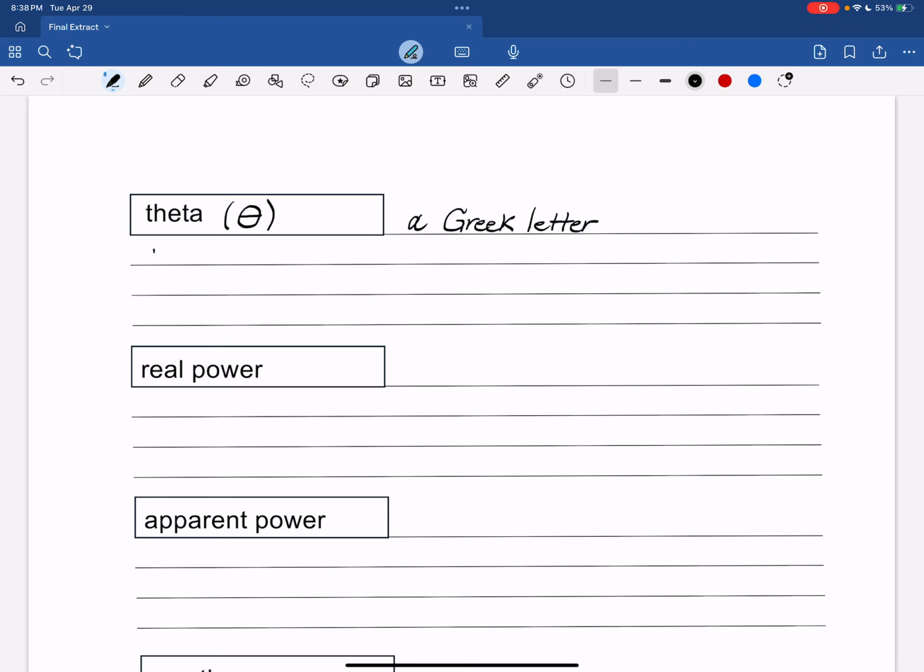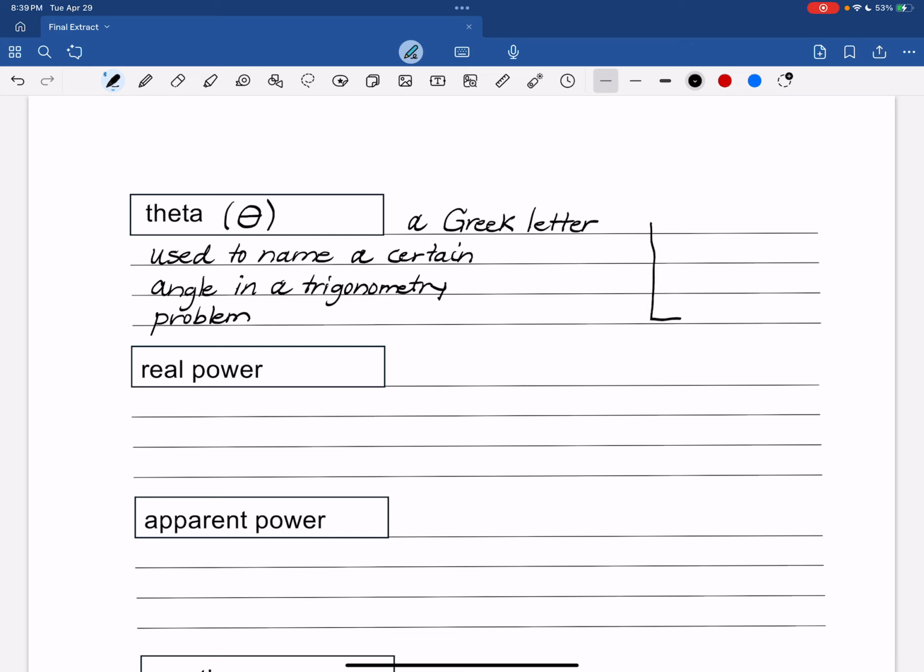But it's a Greek letter used to name a certain angle in a trigonometry problem. There are much better definitions, but I want this to be as simple as I can make it. And I'm going to show you what I mean.